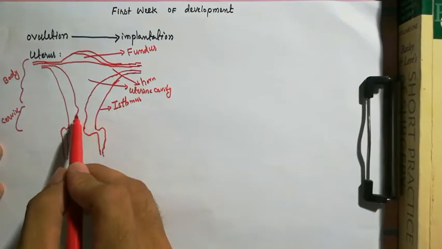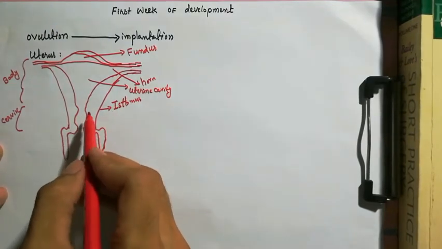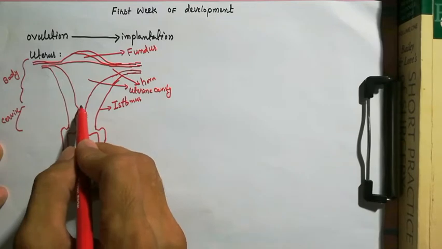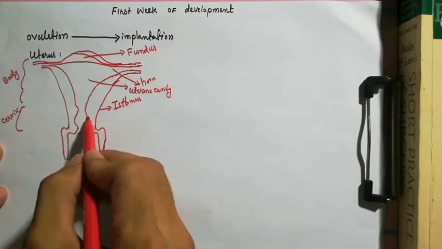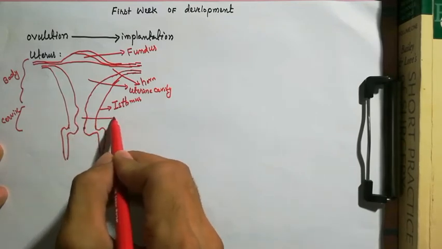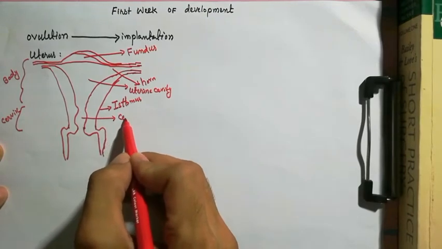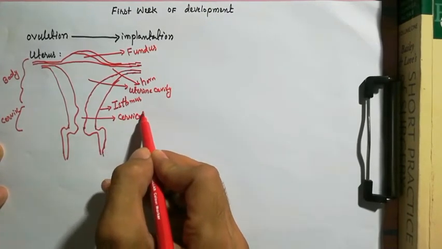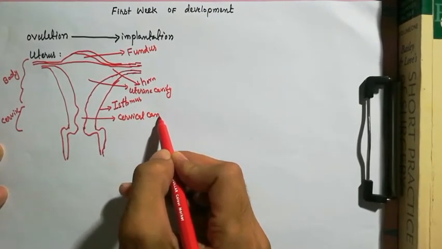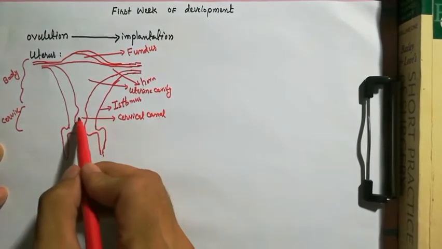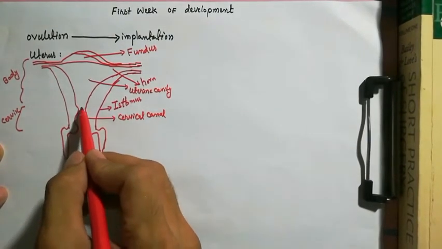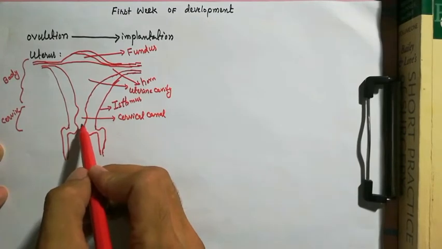The lower 1/3 cervix, this is the cavity of cervix is called cervical canal. Cervical canal at its upper end and lower end is constricted.